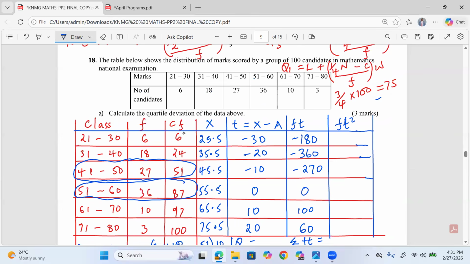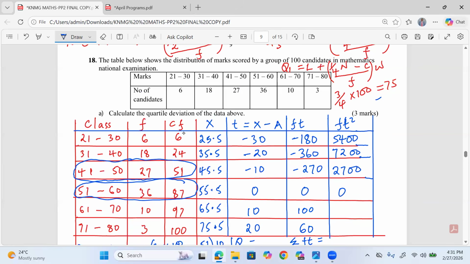We are having deviation squared, which is giving us 900. Then times 6 is the frequency. So that is 5400. The next is negative 20 squared, which is 400, times 18. This is 7200. The next is negative 10 squared, it becomes 100. 100 multiplied by 27, so it becomes 2700.